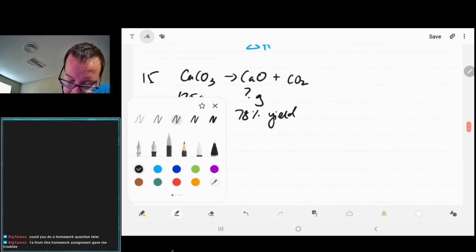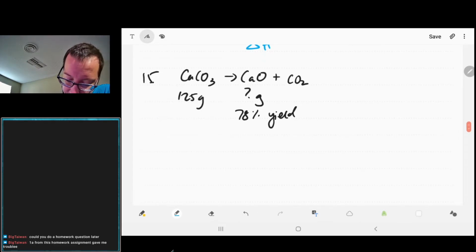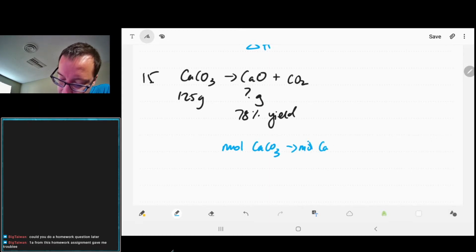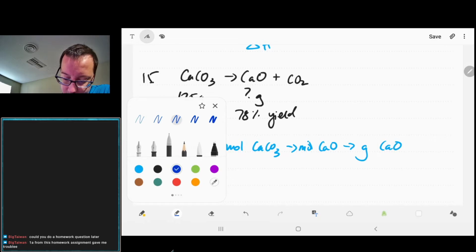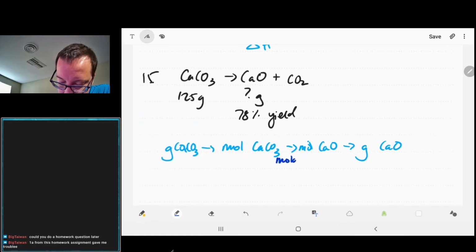So with this, let's plan it out. We have information about that. We're looking for information about that. We're going to grams because that's what the problem said, and we're starting with grams because that's what the problem said. So for this, molar mass. Nope. This is our reaction coefficients. We have our molar mass. Molar mass again.